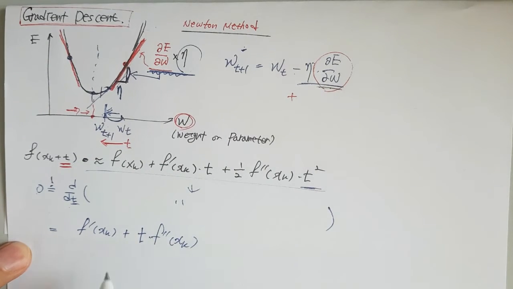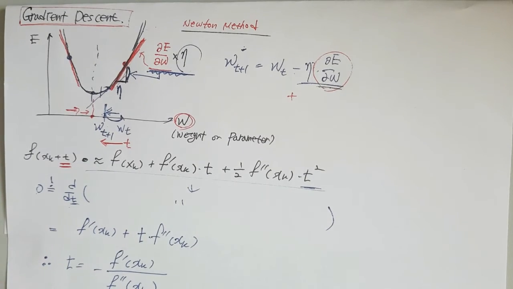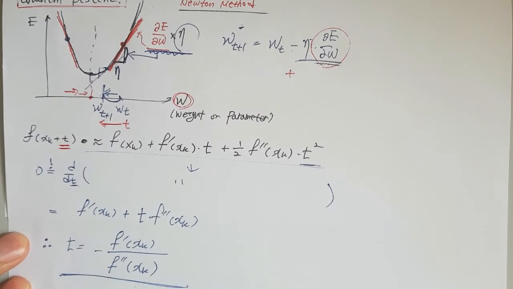Therefore, finally, we got it. t is equal to minus f prime(xk) over f double prime(xk), the second derivative. So we have to just find this value.